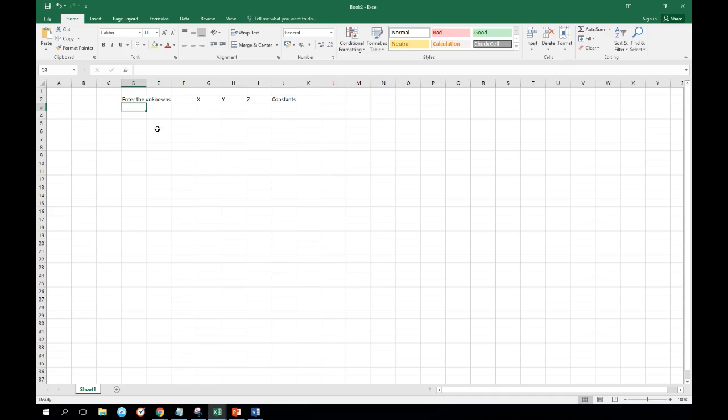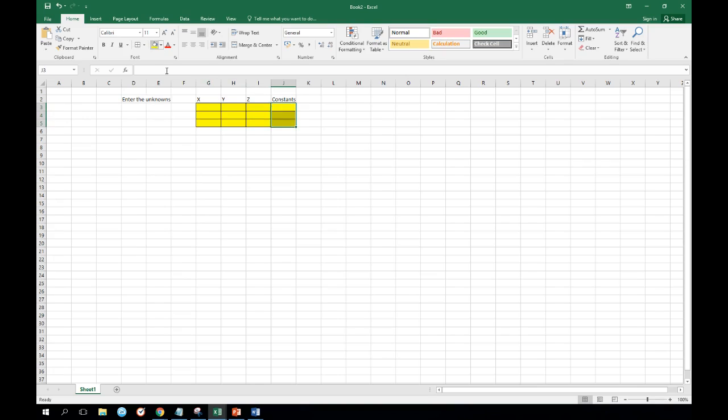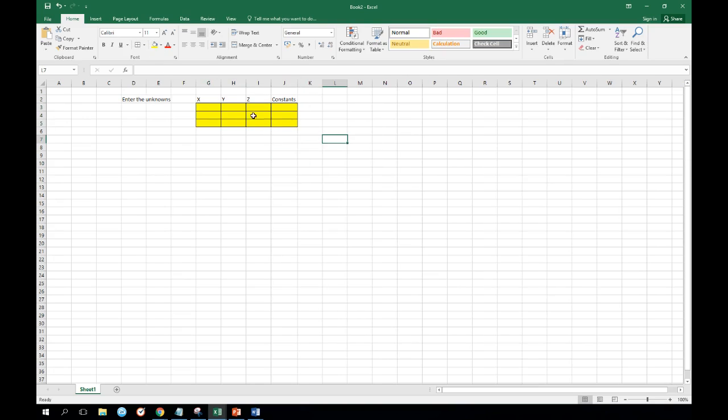Let's highlight this first with yellow together with this one, so the users would know that this is where they will input the numerical coefficients of the mentioned variables. Again, this can change from A, B, C to E, Y, X. Just remember that the same variables should be placed in the same column so that you can get the right answers as we proceed with the Doolittle method.